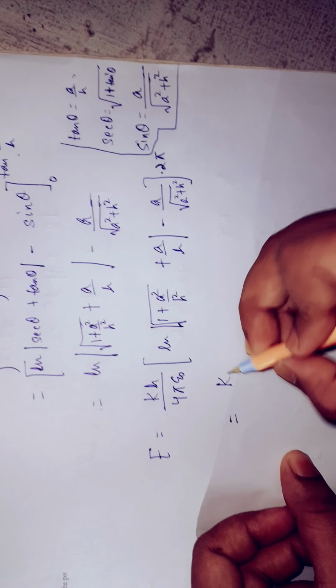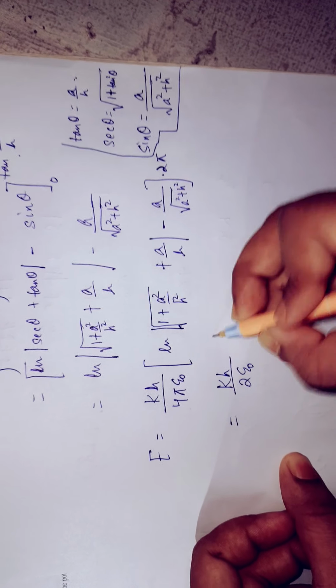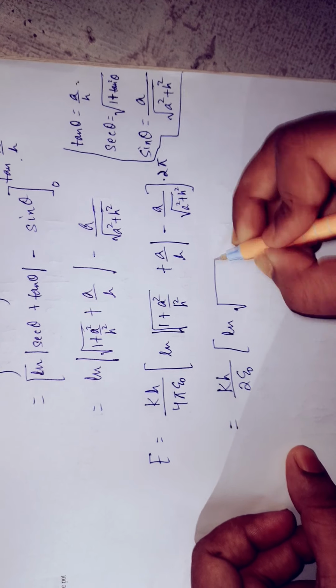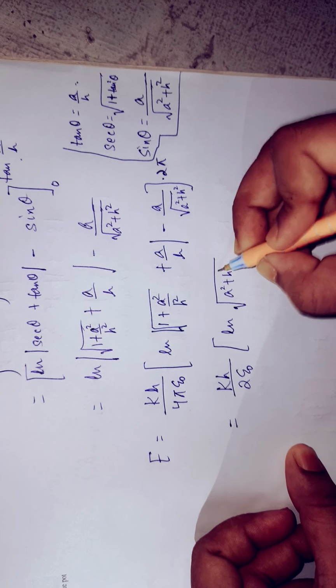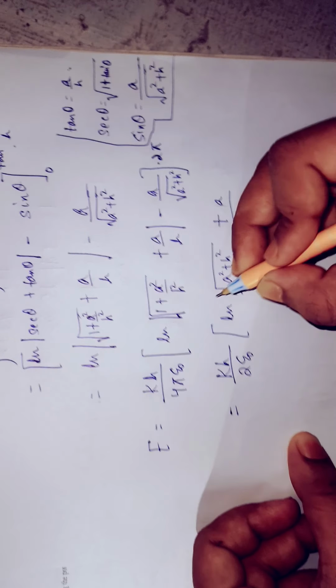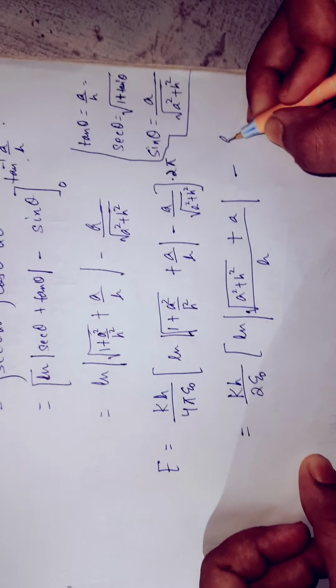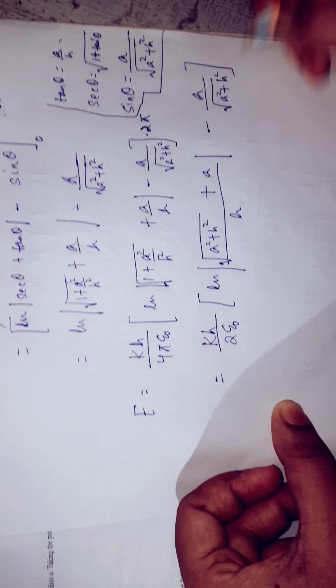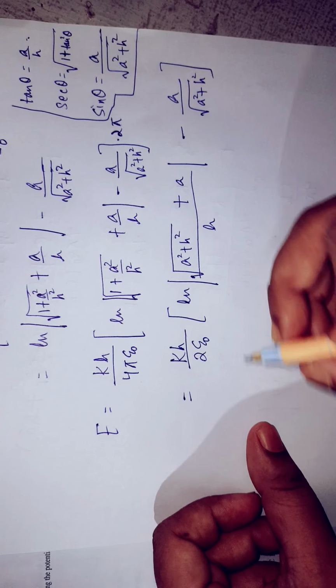Then next, kh by 2 epsilon naught ln of root over of a square plus h square plus a, whole divided by h, then minus a by root over of a square plus h square. All right, now I need to take out the value of k.